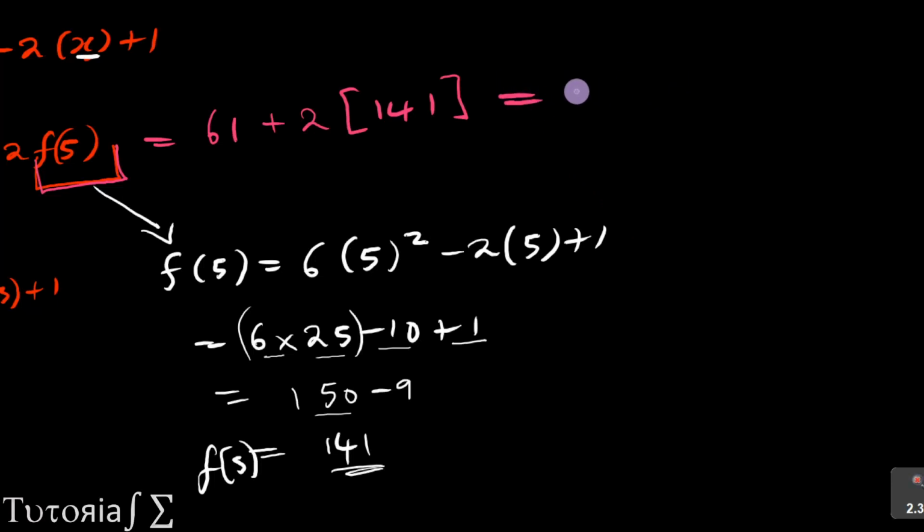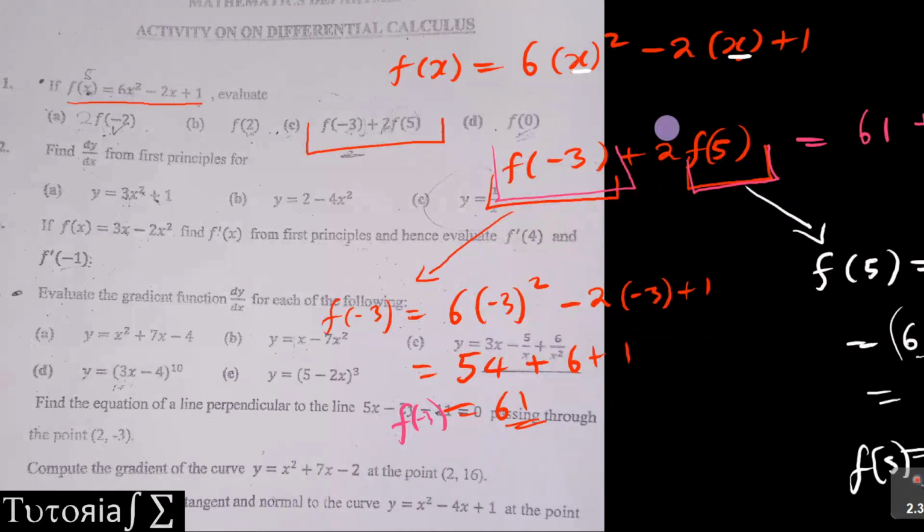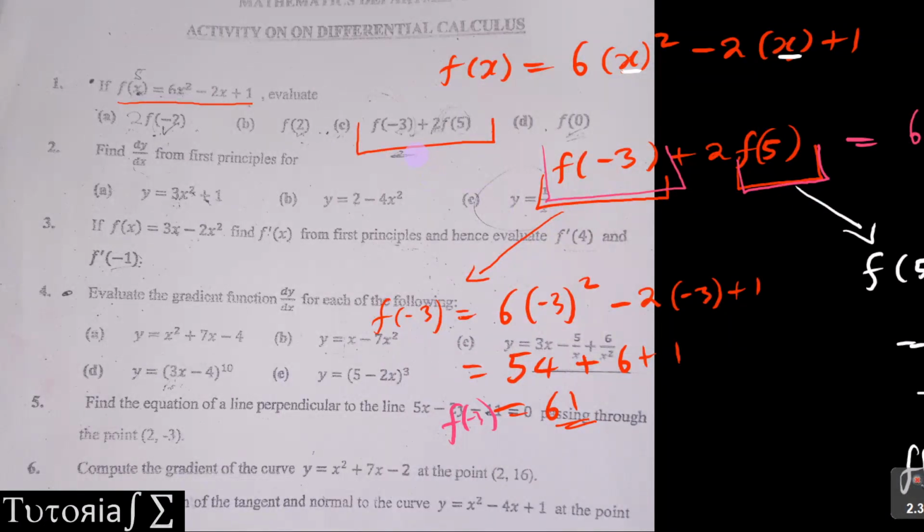This will be 61 plus 2 times 141, that is 282. Then adding that will give us 343. And that answers our question. So that is the solution to this question right here. So the answer here is 343.